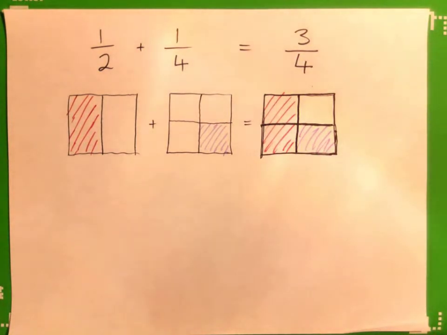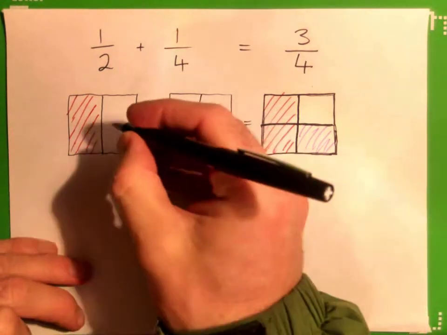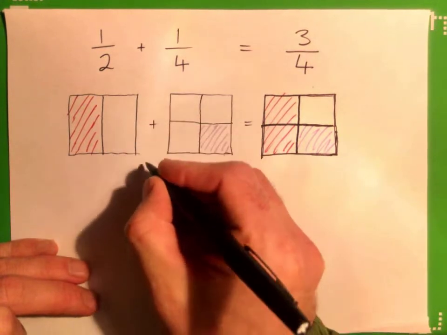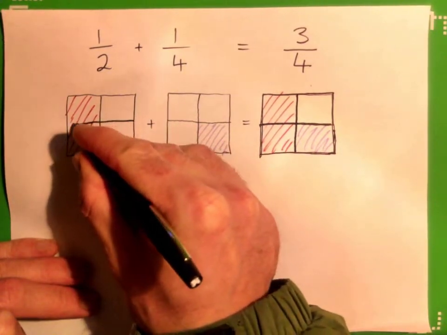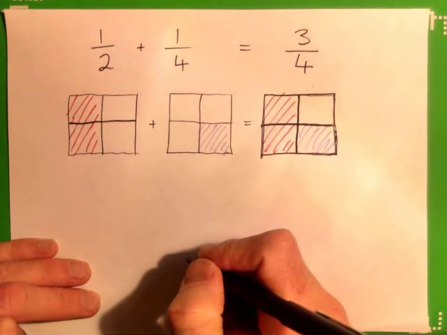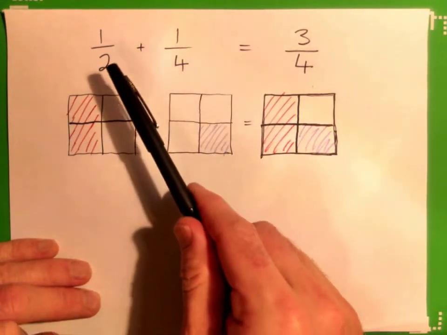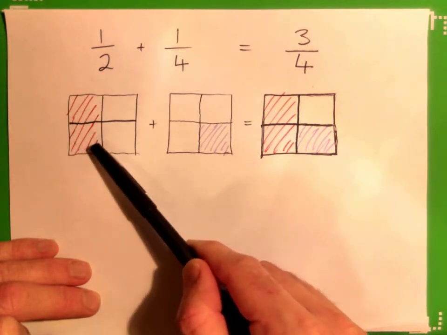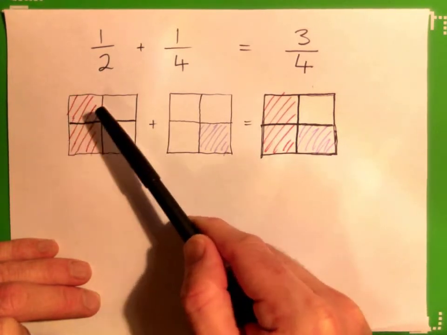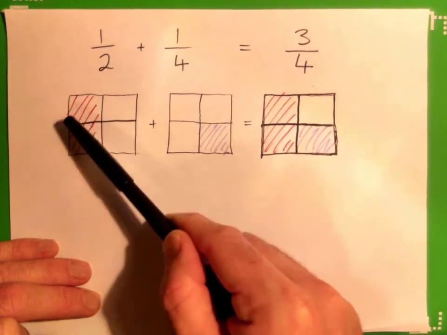Now the way to do the math on that is you come back to this square, and what I want you to do is draw a line across like that. Okay? And notice that 1 out of 2 parts was shaded, but now we've drawn a line across, and now we have 1, 2, 3, 4 parts.